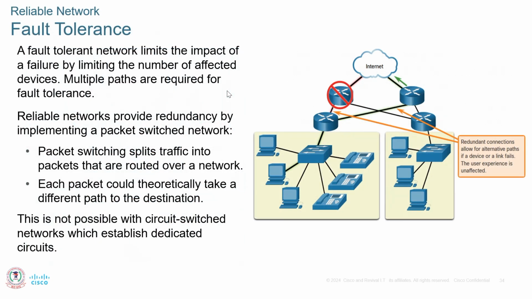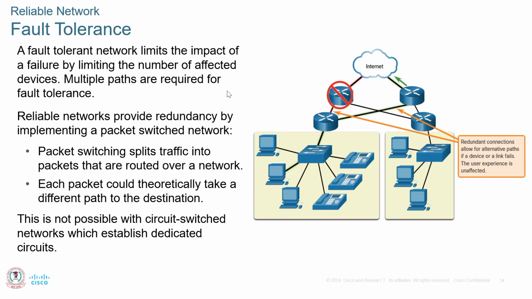So, fault tolerance. A fault-tolerant network limits the impact of a failure by limiting the number of affected devices. Multiple paths are required for fault tolerance. This calls for redundancy.